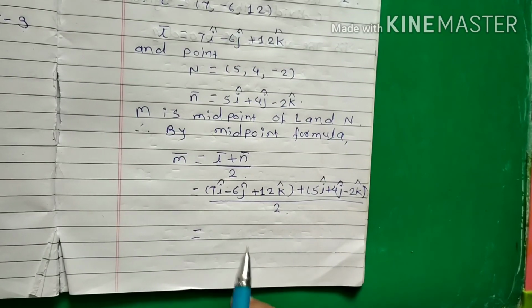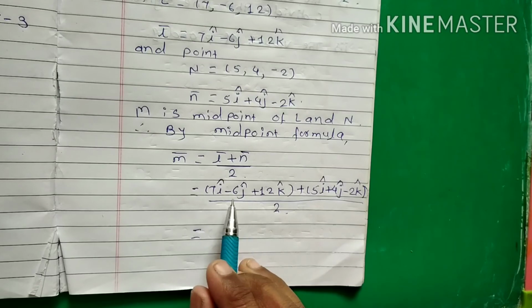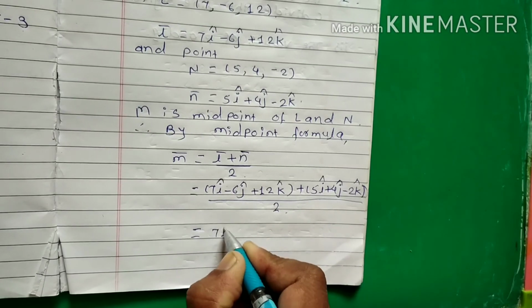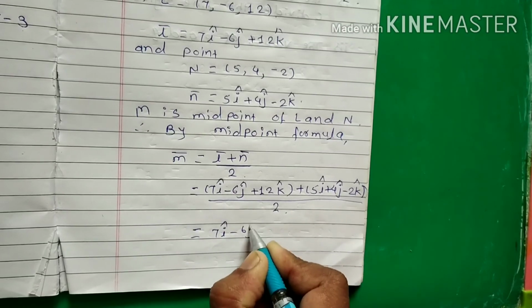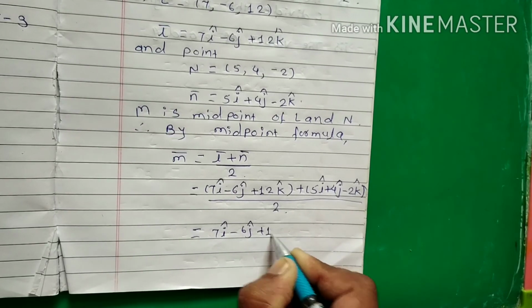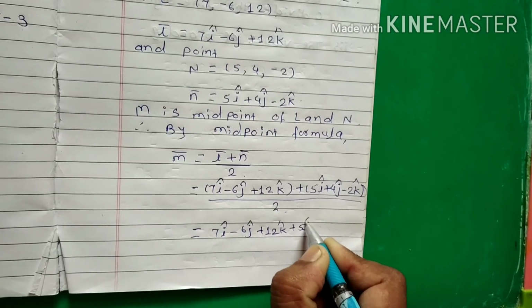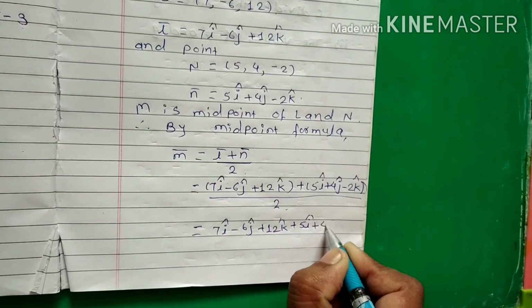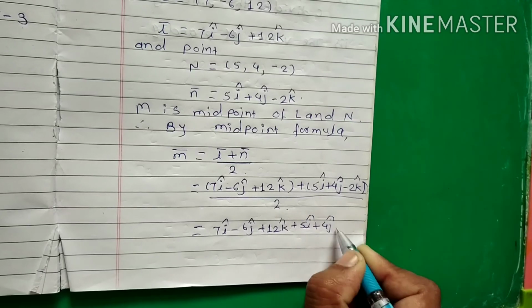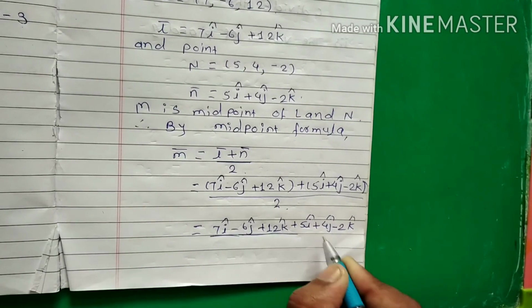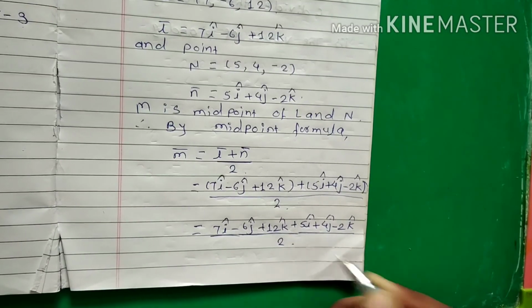Then it is equal to 7 i cap minus 6 j cap plus 12 k cap as it is, plus 5 i cap plus 4 j cap minus 2 k cap, divided by 2.